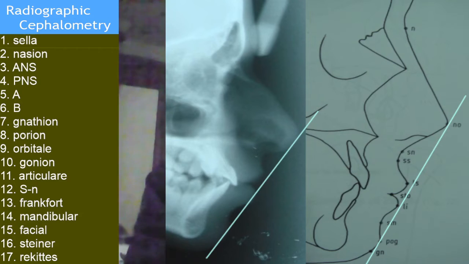In normal, the upper lip should be away from this line by 2 to 4 millimeter, and the lower lip is away from this line between 1 to 2 millimeter. Again, Ricketts line, and it measures the aesthetic of the human.